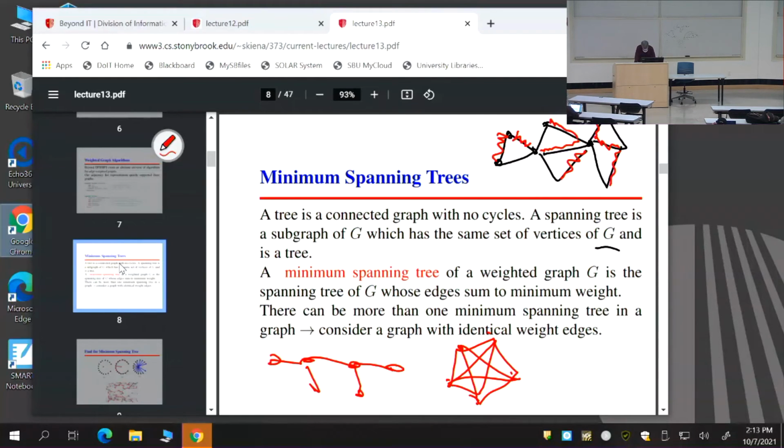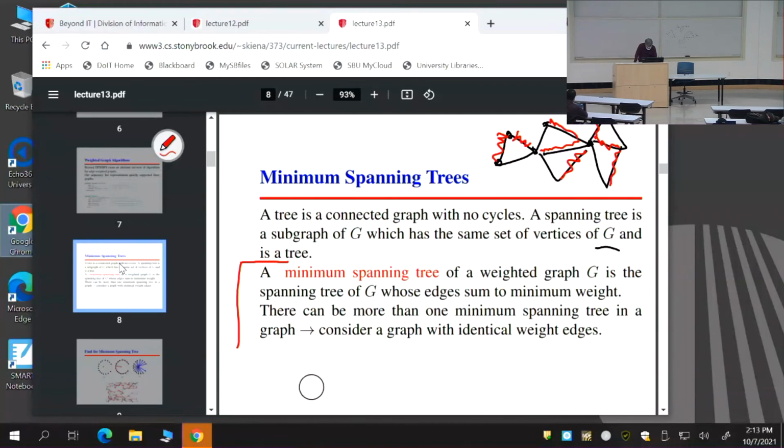It turns out, if I'm showing off, there are n to the n minus 2. But the answer is a lot. There are so many of these things that if we want to find a single best spanning tree, we'd better not be going through each tree one by one, or else it's going to take exponential time. Any questions? Okay, good.